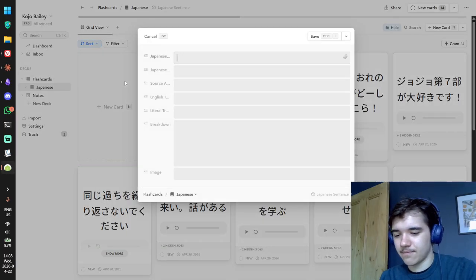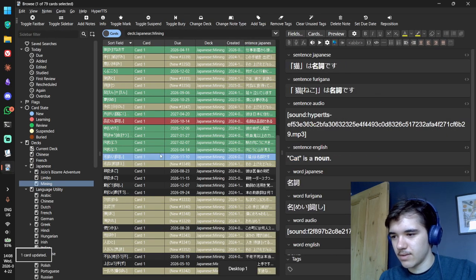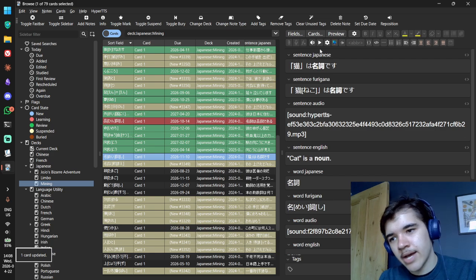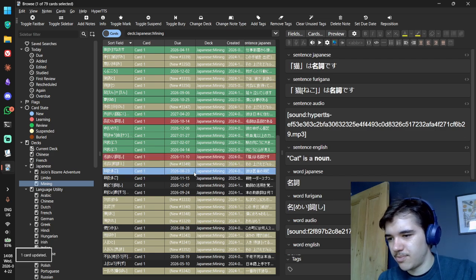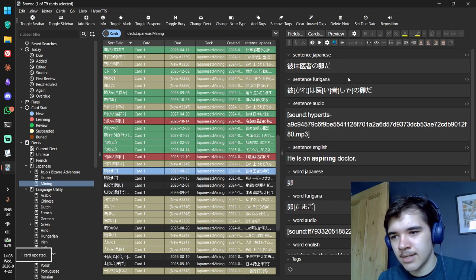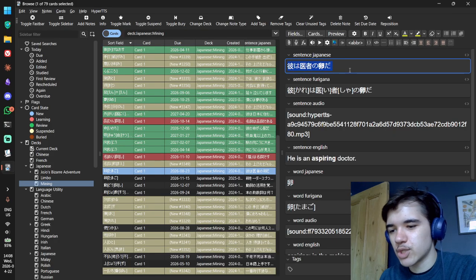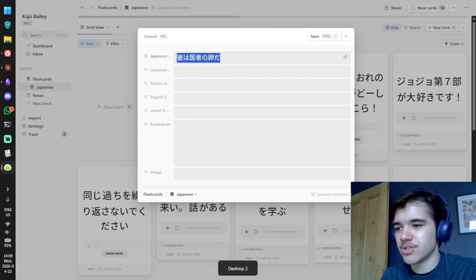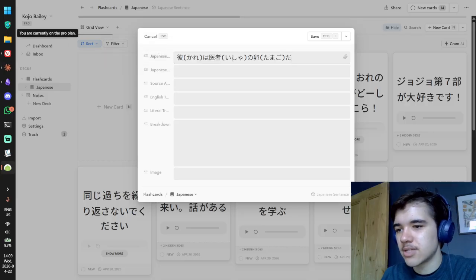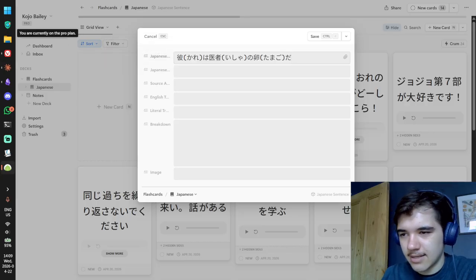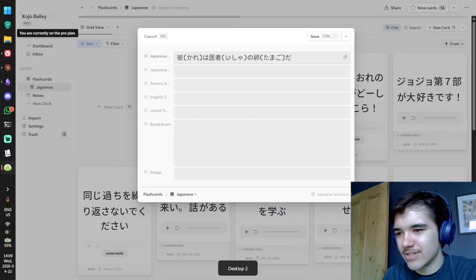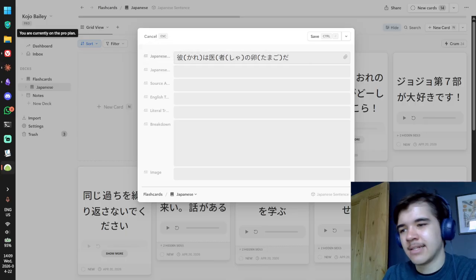New one. Neko wa meishi desu. Nope. Kare wa isha no tamago da. This one's cool. He is an aspiring doctor. That's a very cool pattern to use. Because tamago means egg, but in this context, it means in infancy, like a metaphor, right?